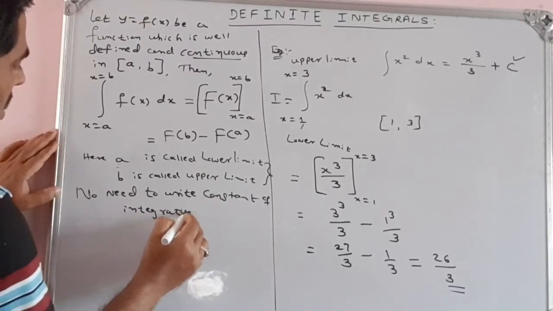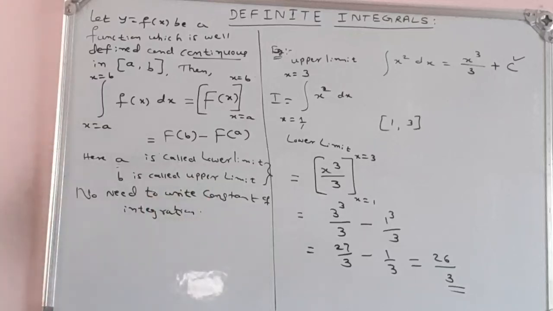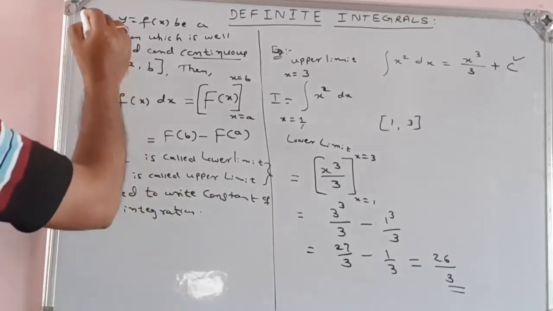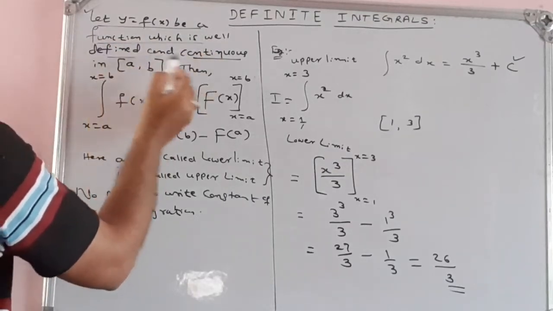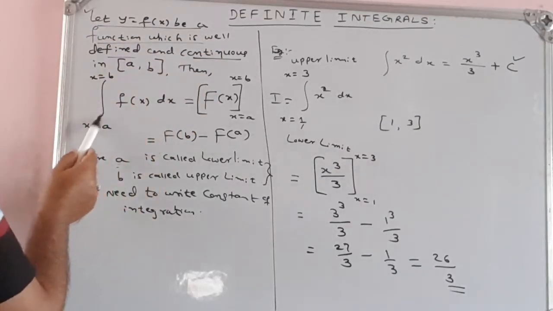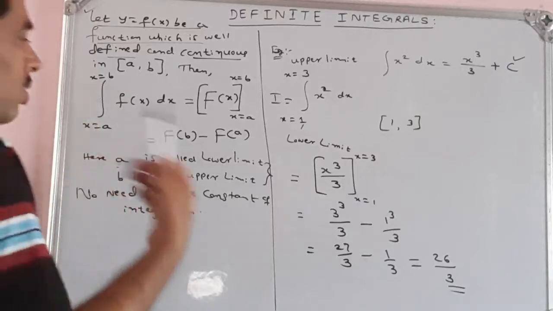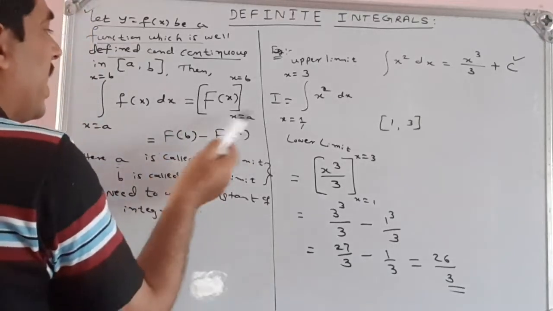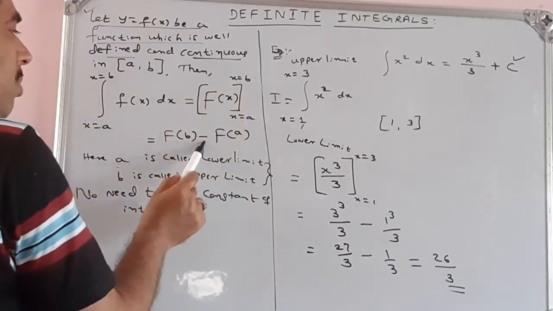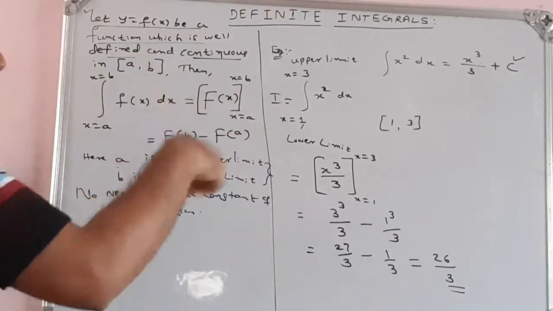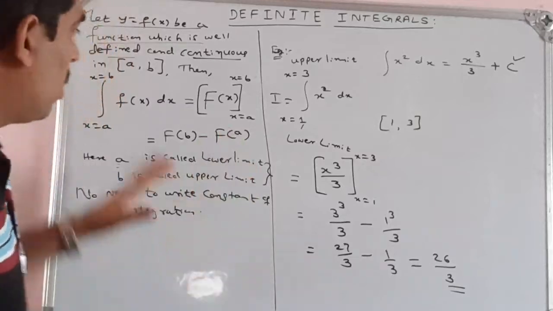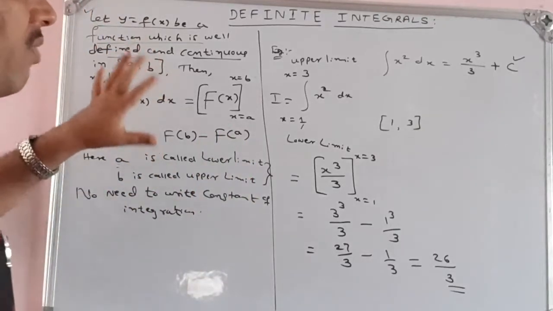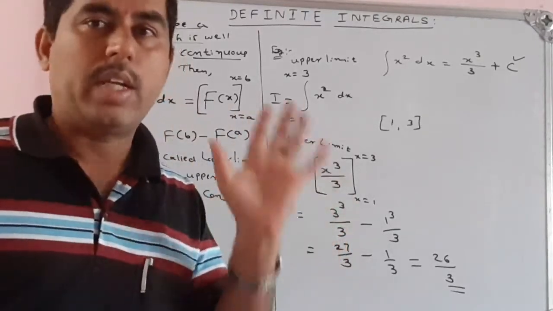Observe this carefully. Whatever the statement: if we consider a function which is well defined and continuous in this interval, then the integration of f of x from a to b gives one antiderivative. We calculate that by substituting the upper limit minus the lower limit. This statement is called the fundamental theorem of integral calculus. Whatever statement I have written here is called the fundamental theorem of integral calculus.